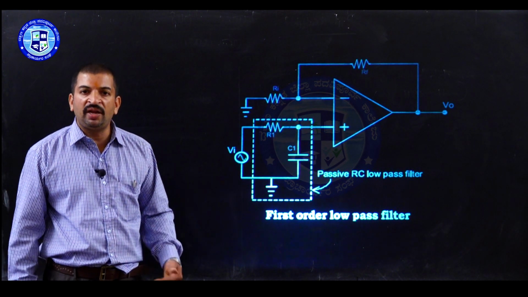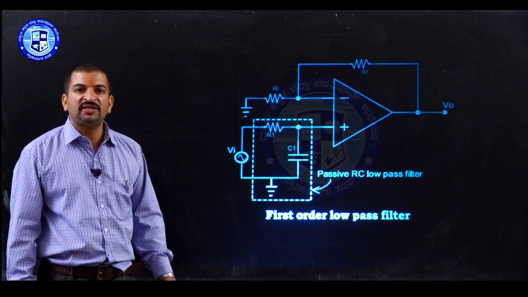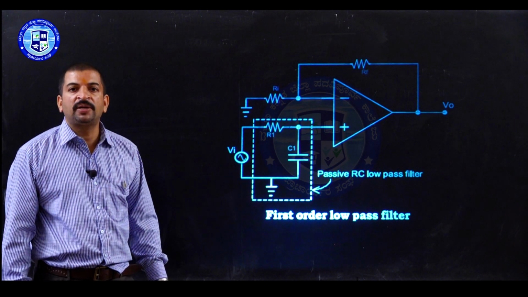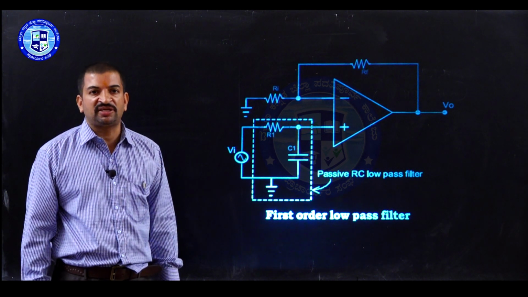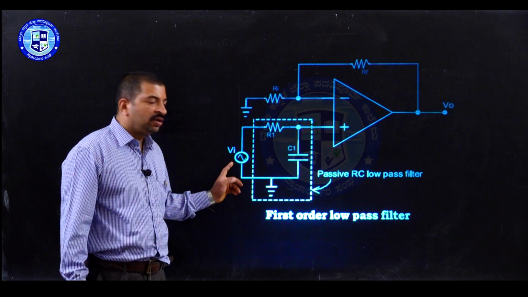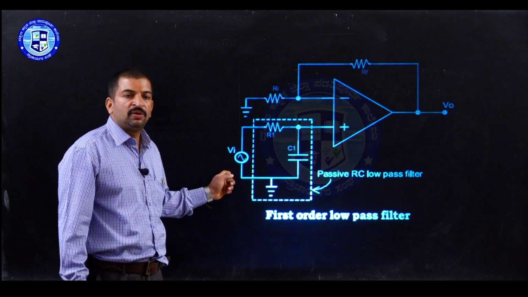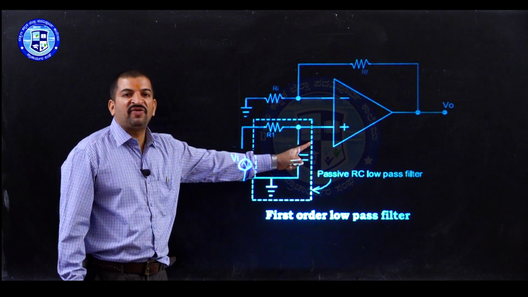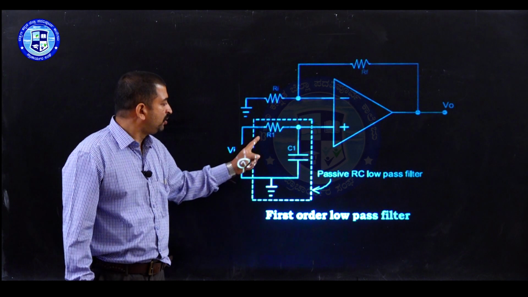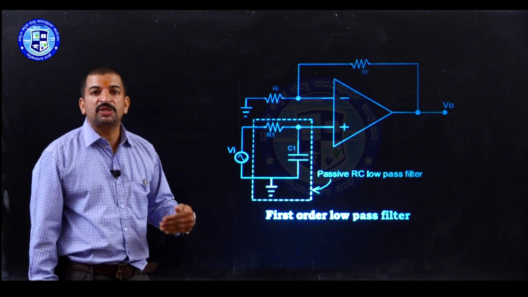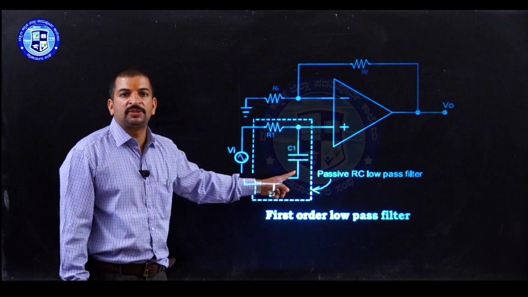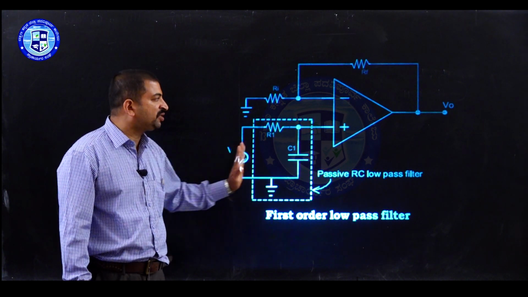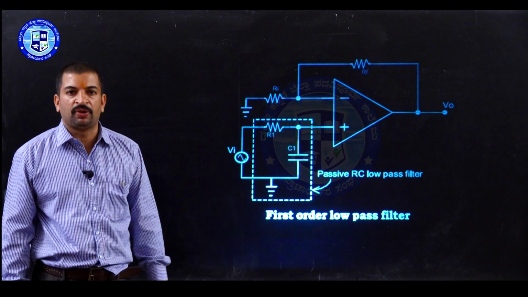Therefore, at very low frequency, the capacitor acts as an open circuit, or the capacitor offers very high reactance to the low frequency signals. Therefore, the low frequency signals will be amplified by the circuit because the low frequency signals cannot be attenuated since the capacitor acts as an open circuit. So all the low frequency signals are amplified by the circuit.